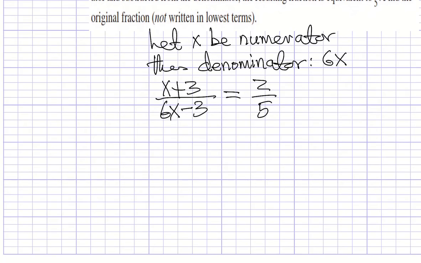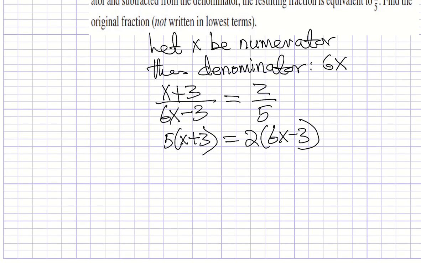So let's solve. We'll cross multiply: 5 times x plus 3 equals 2 times 6x minus 3. Let's simplify. 5x plus 15 equals 12x minus 6.